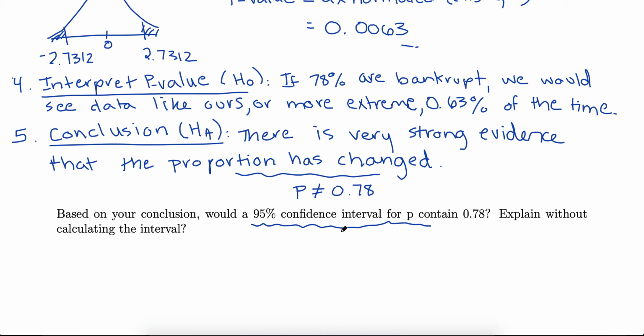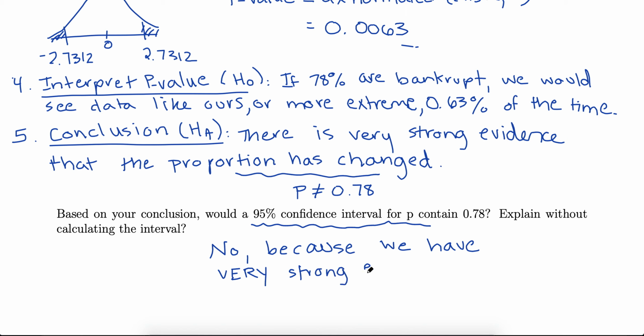So when we construct our confidence interval, it's not going to contain 78% because we have strong evidence that it's not that number. So I'll say no because we have very strong evidence, that's our conclusion, for our alternative hypothesis that P is not 0.78. So again, 0.78 should not be in the interval.